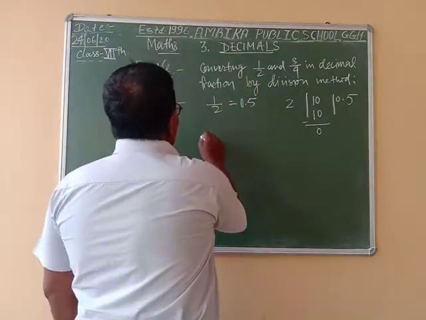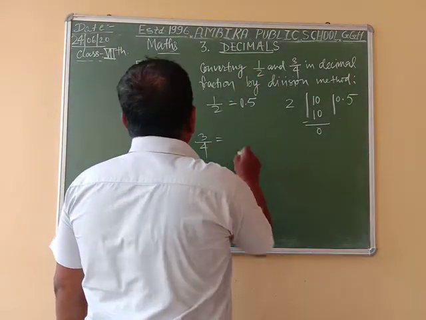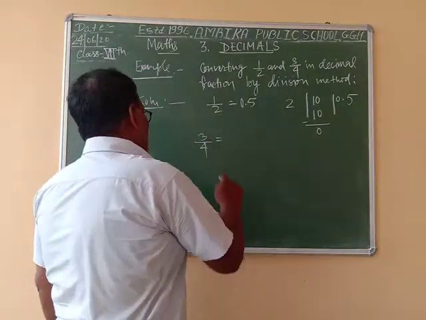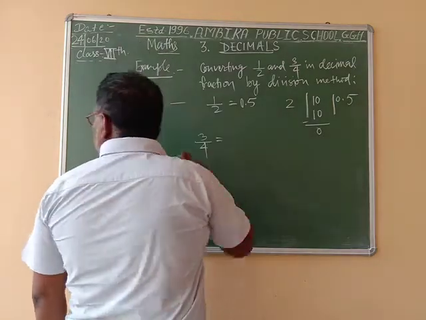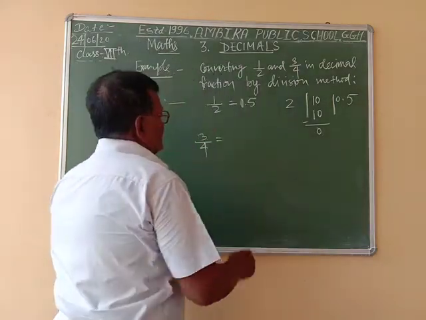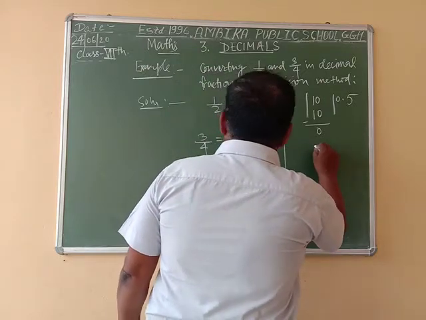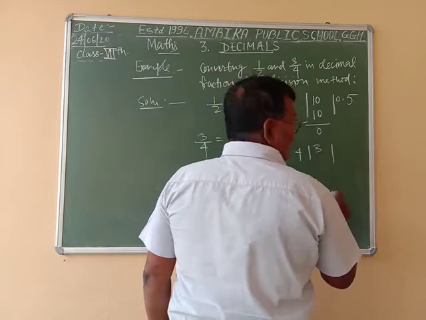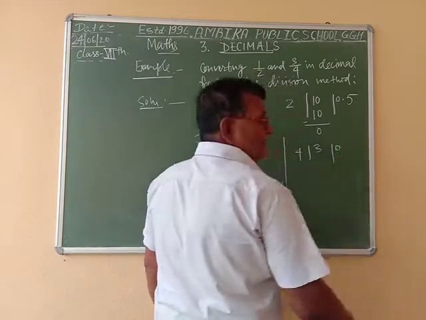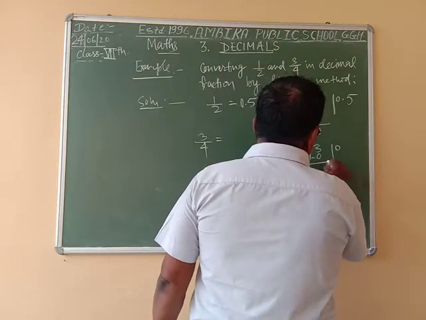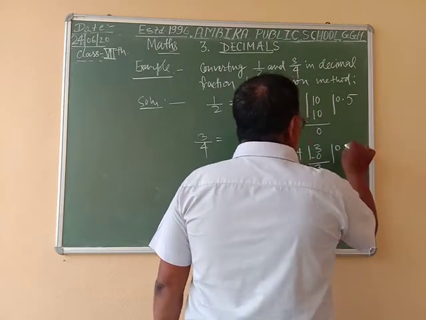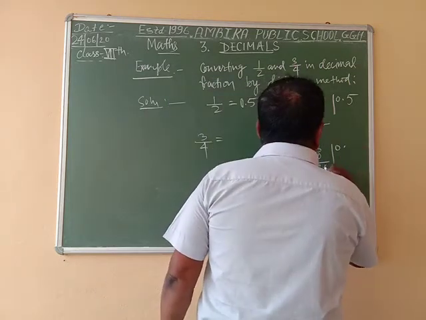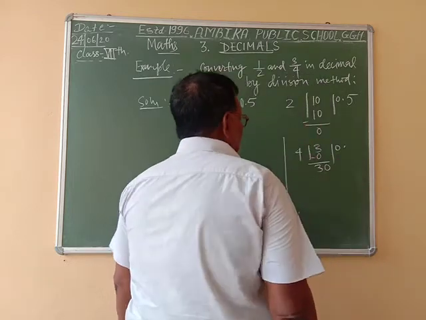Again 3 by 4. Here we see that 3 is less than 4. We cannot divide it directly, but using a decimal we can divide it. Dividing 3 by 4, 3 is less than 4, so we put 0 in the quotient, and after that we put a decimal point in the quotient and 0 in the dividend. So we have 30.